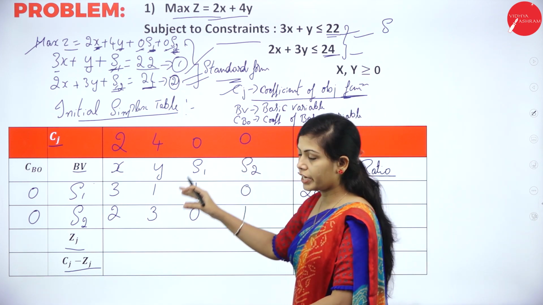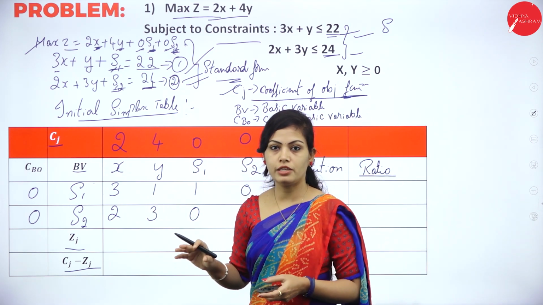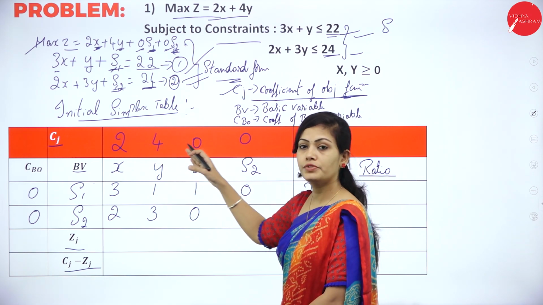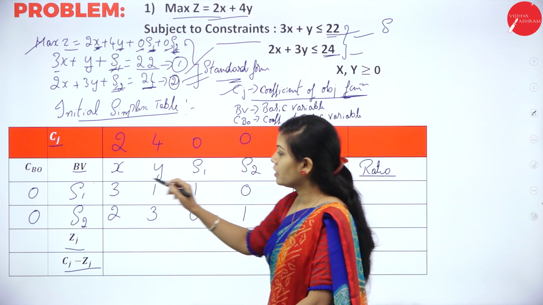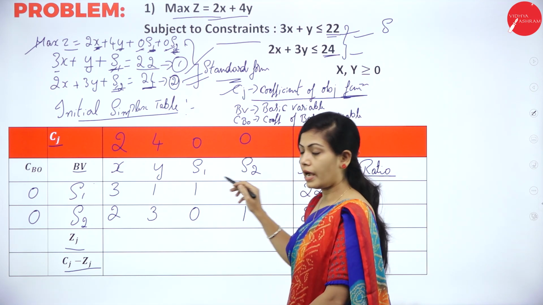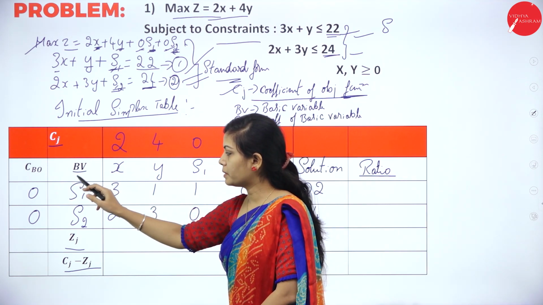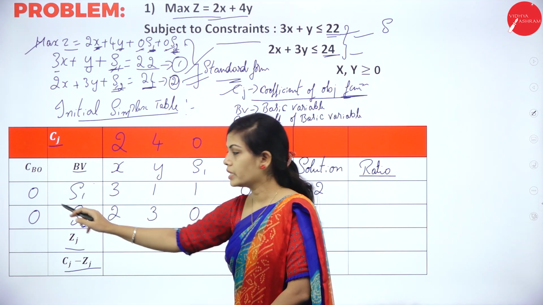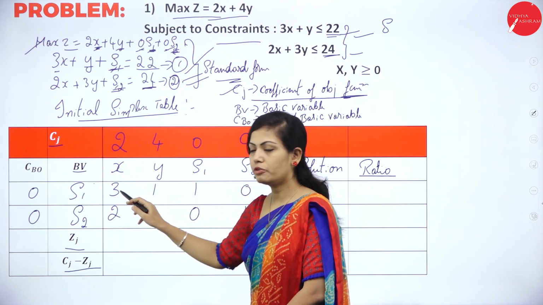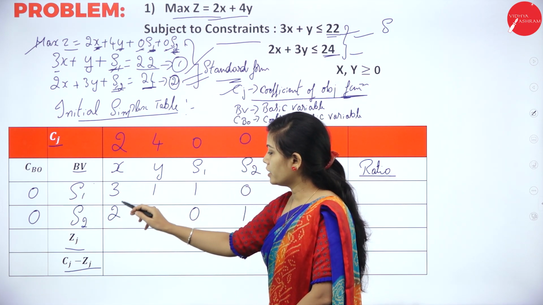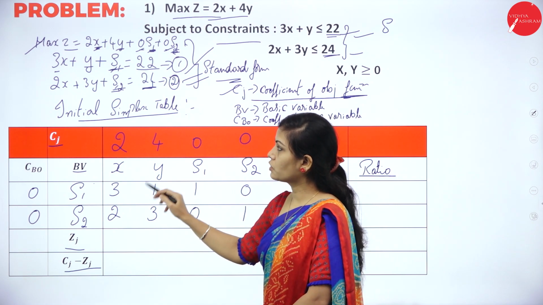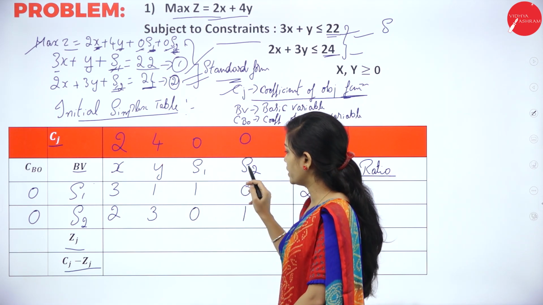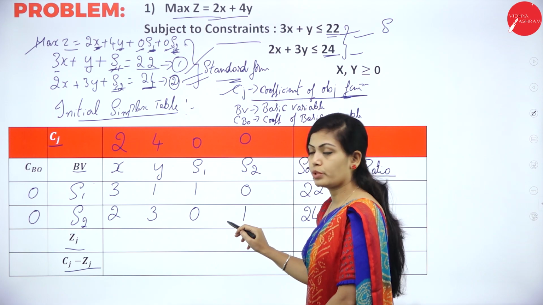So whatever I have written here, that is your given value. First you have to write the coefficient of objective function and basic variables, and coefficient of basic variables is S1, S2, coefficient is 0 and 0, common for every problem. And here you have to write the coefficient of x, y and S1, S2 for equation number 1 and for equation number 2.